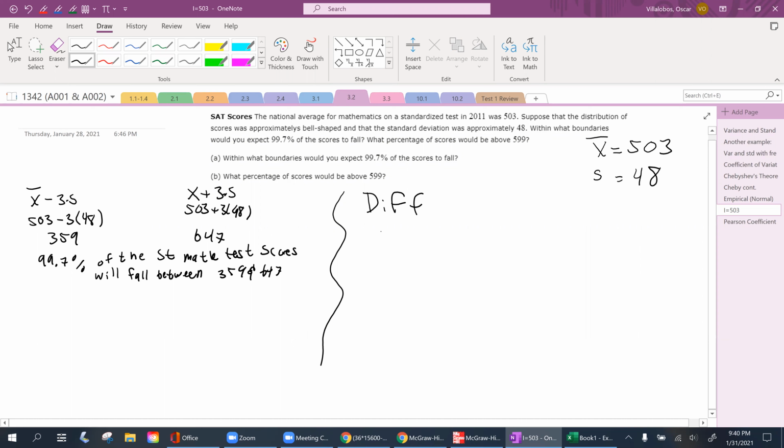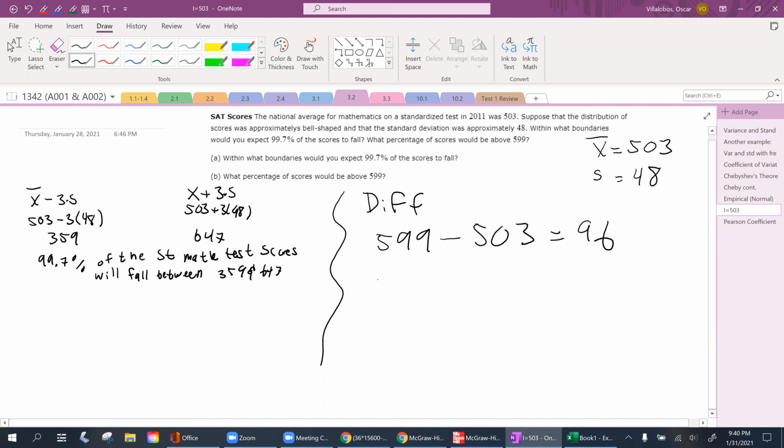My difference here is going to be 599, because that's my focus value. It's not going to be 647. It's going to be the focus value that was given to me. It's above 599, which is my large value here, minus my mean, which is 503. This gives me 96.